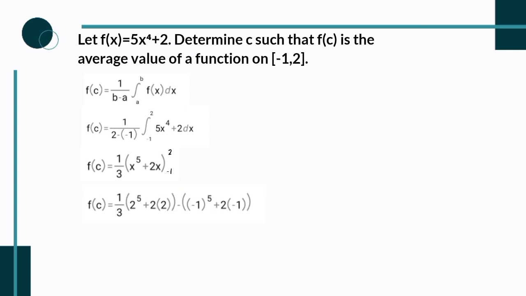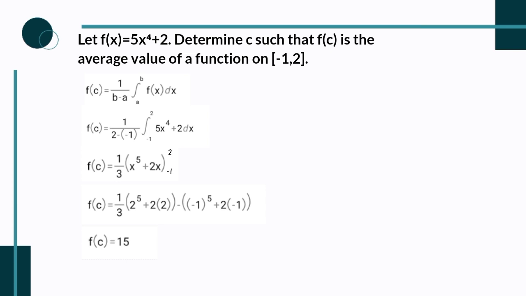Again, by substituting the lower limit and the upper limit, it becomes f of c equals 1/3 times the quantity 2 to the 5th plus 2 times 2, minus the quantity negative 1 to the 5th plus 2 times negative 1. Putting it all in a calculator, our answer is f of c equals 15. So the average value of this function is 15.